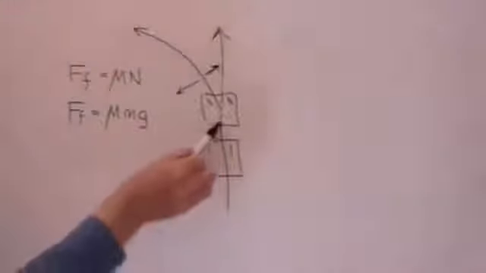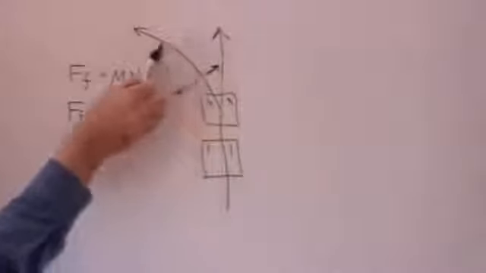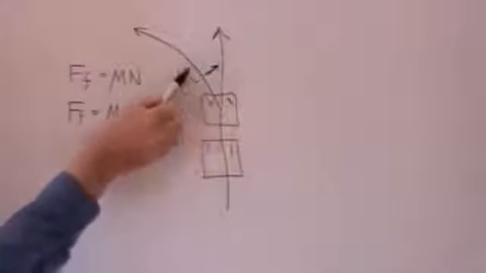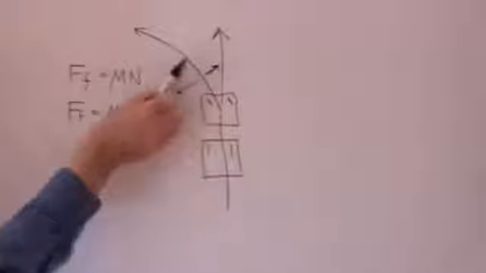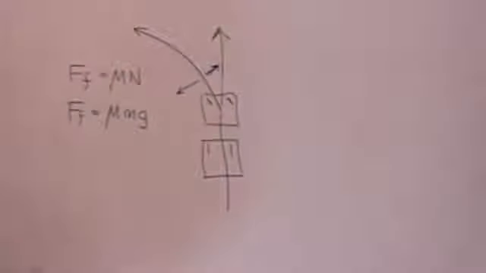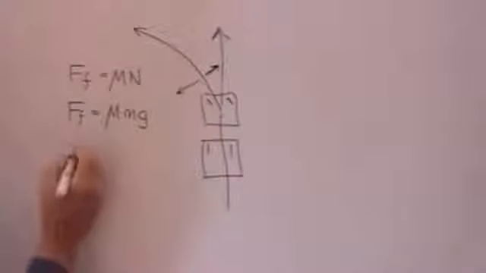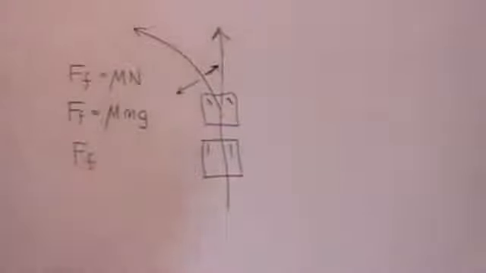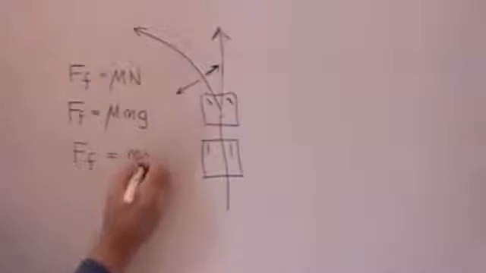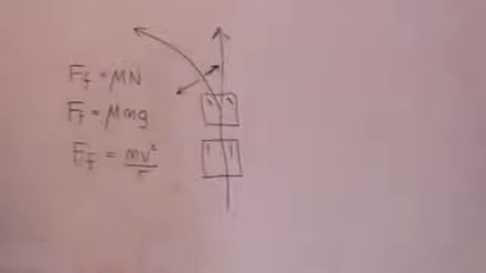That frictional force is providing the centripetal force that gets you to go in, we'll call this a circle, an arc of a circle. And from our video on circular motion, we established that the centripetal force, which is provided by this frictional force, is going to be equal to mv squared over r.